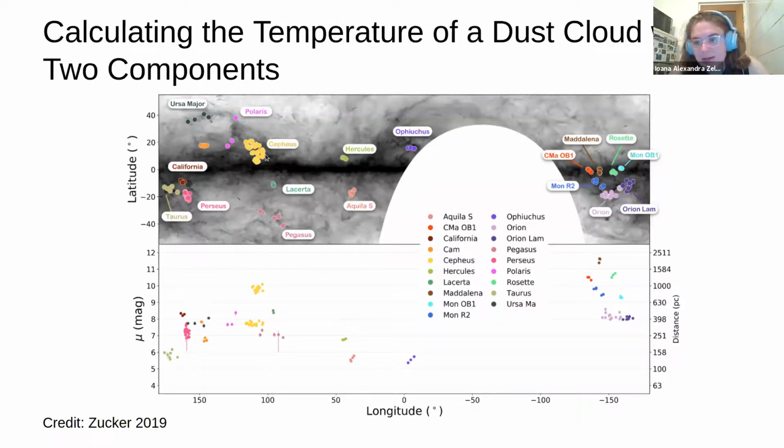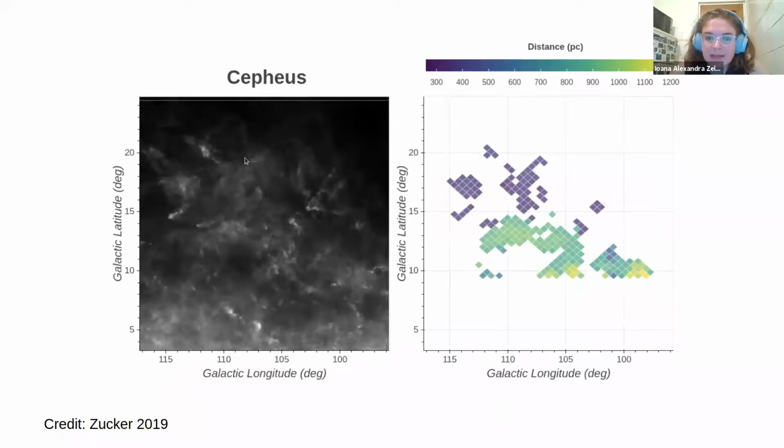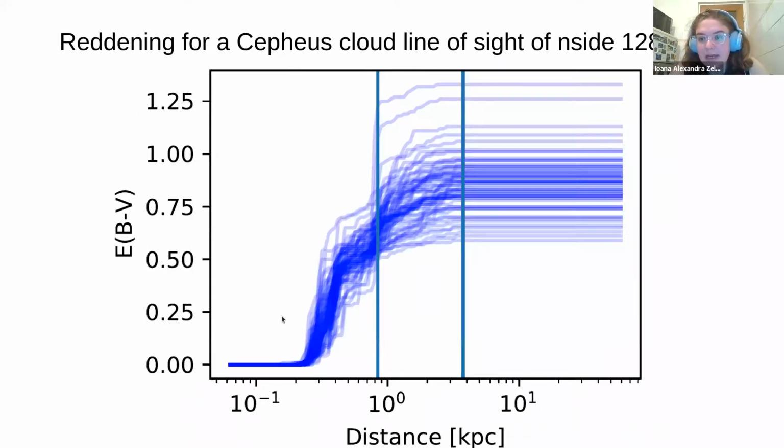And I also looked at the Cepheus cloud, which is a dust cloud that is made of two components. And we can see these two components by looking at the extinction. We can see there are two jumps, one here, which is basically the edge of a cloud, and then another cloud appears, which makes another jump in the total extinction function.